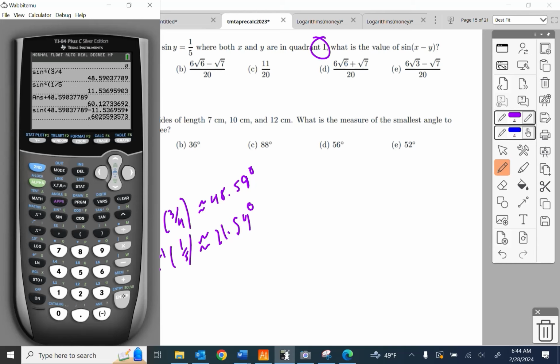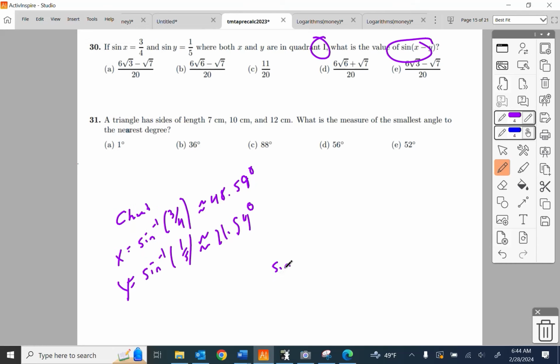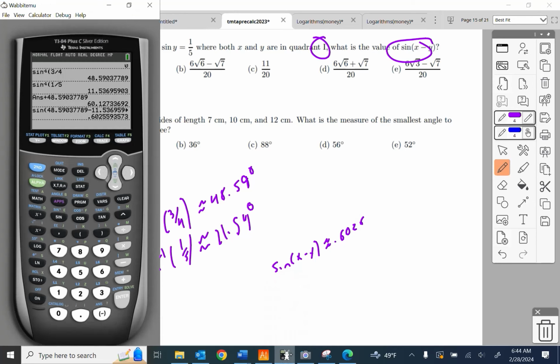I got 0.6026. So for my calculator, the sine of x minus y is about 0.6026. Guess I'll push some buttons and see which one it is. And I'm going to work this one out by hand too, just because we can. Mainly because I'd like to. I have no idea why. Anyways, where are we at here?